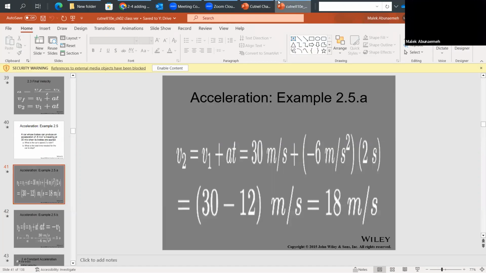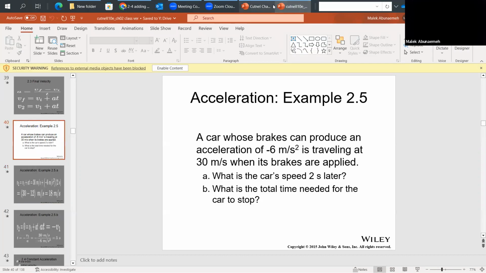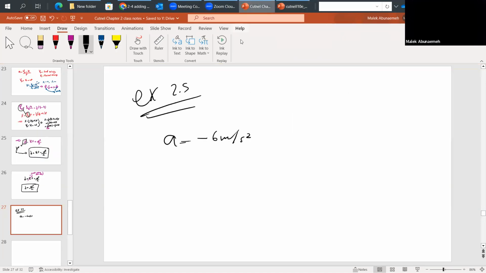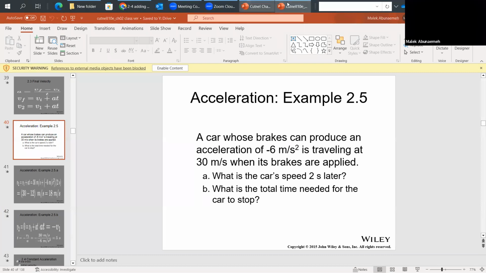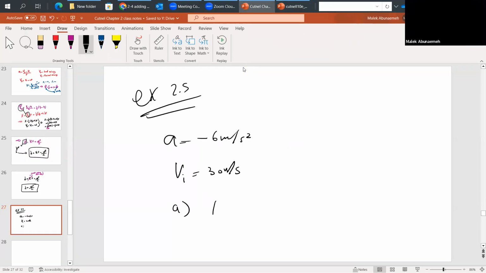Our second piece of information is that you're traveling at 30 meters per second, so your initial velocity is 30 meters per second. What is the car speed 2 seconds later? So for part A, your time is 2 seconds, and you're looking for your final speed.